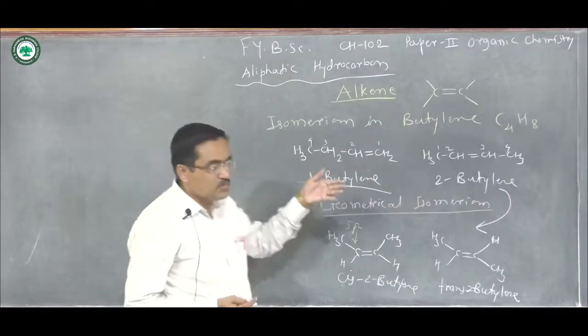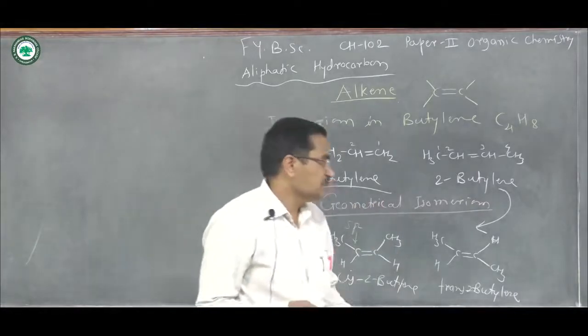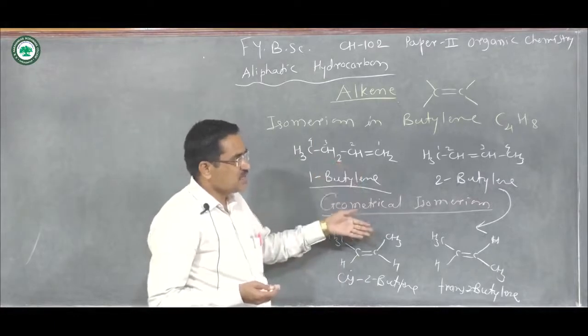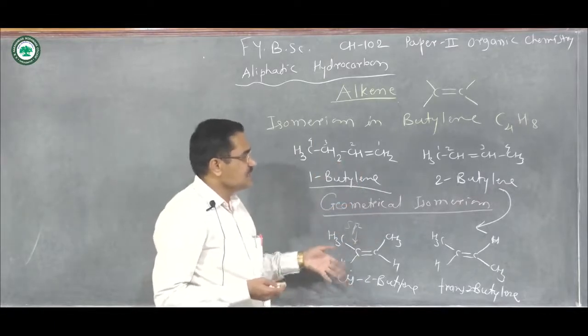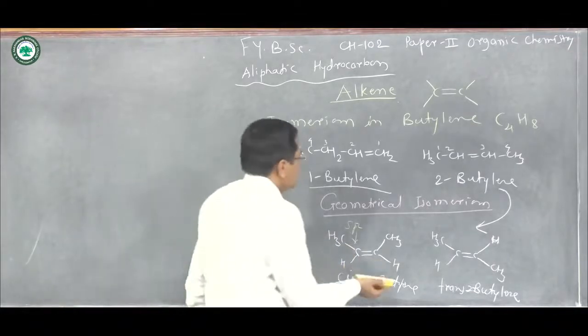Means when we move from lower member to higher member, here the chances of isomerism is increases as compared to alkane.